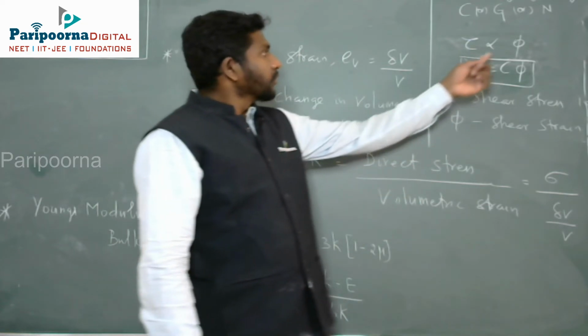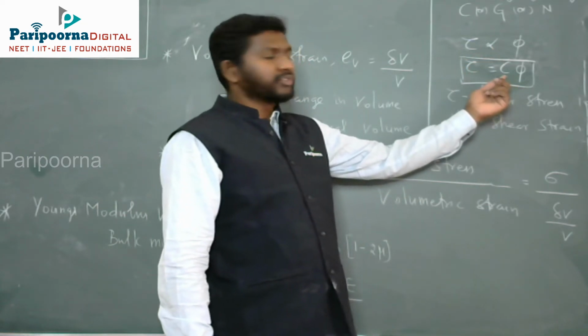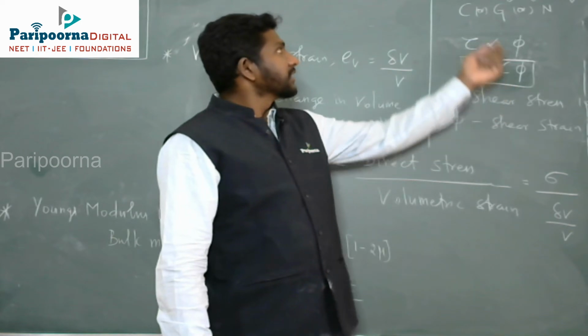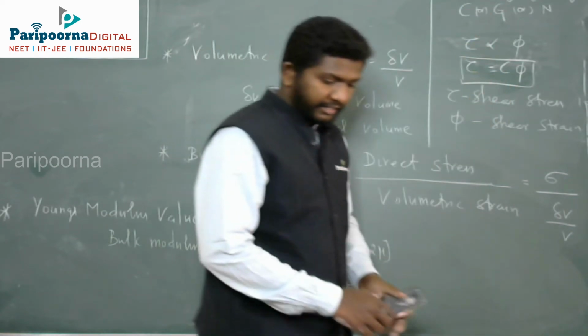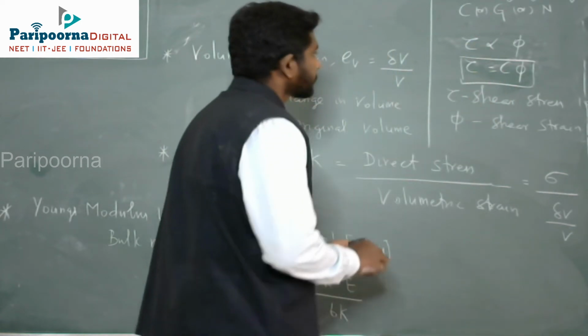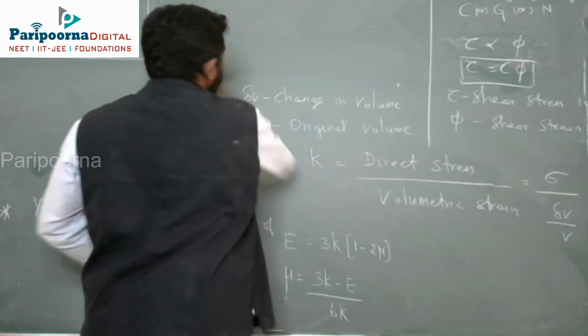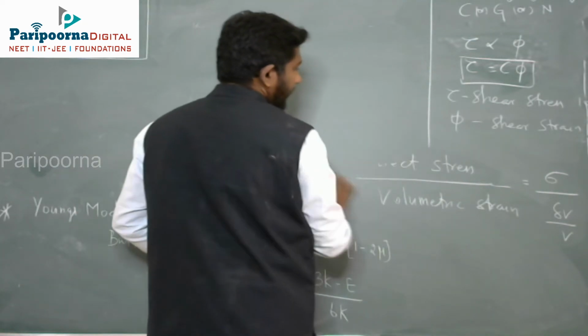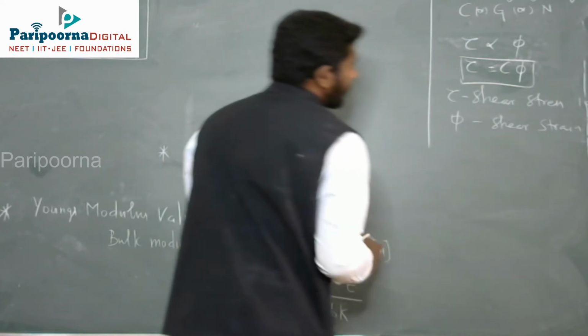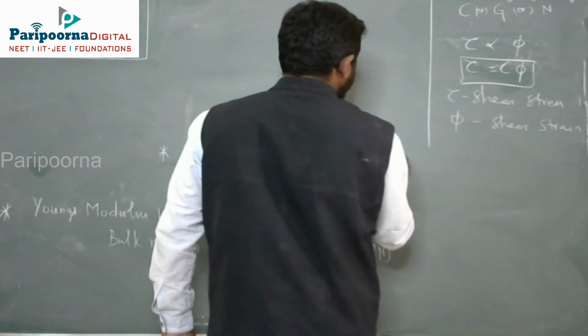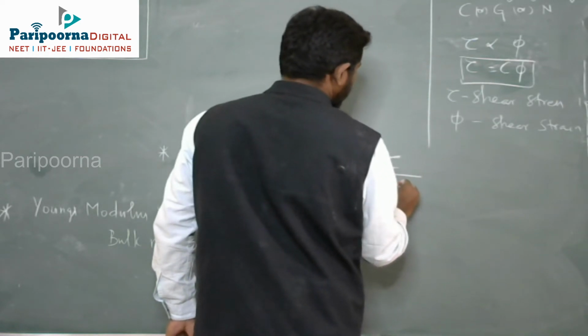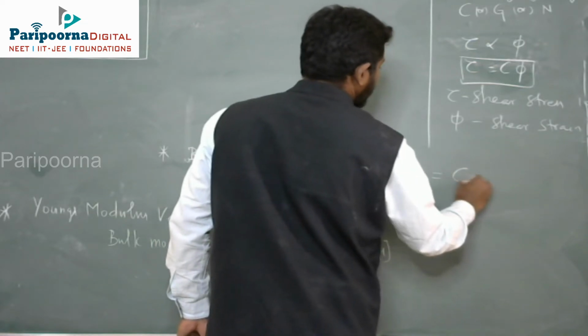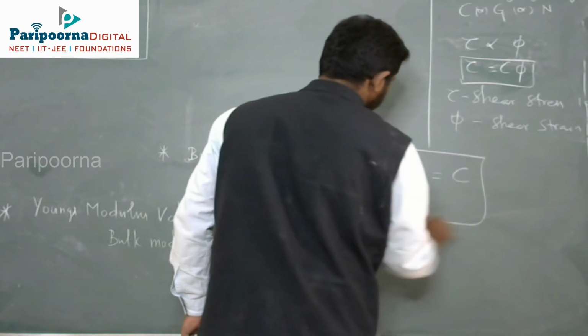You can remove this proportionality by introducing a constant, and that constant is nothing but the modulus of rigidity. Tau is shear stress and phi is shear strain, and from this equation, shear stress over shear strain is equal to the modulus of rigidity.